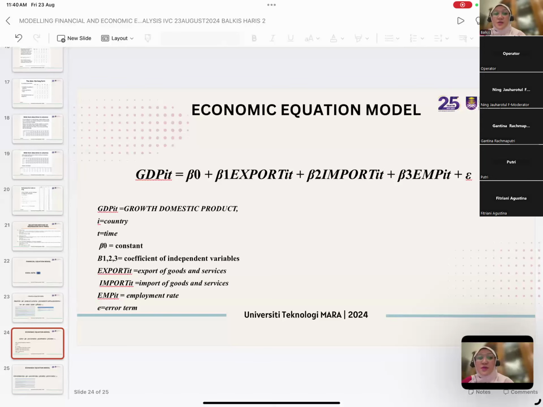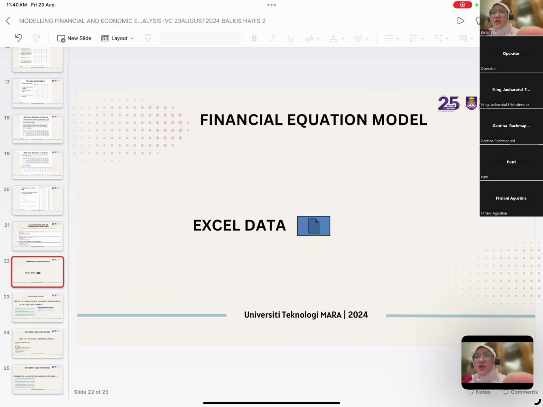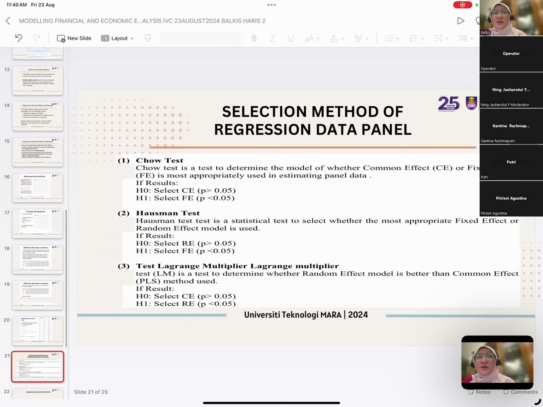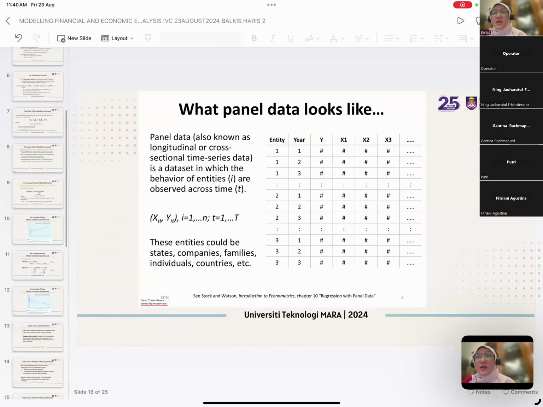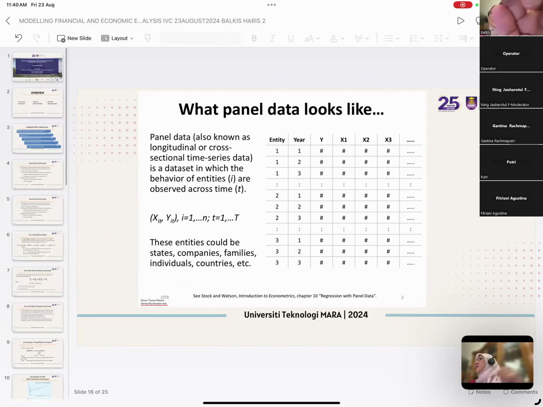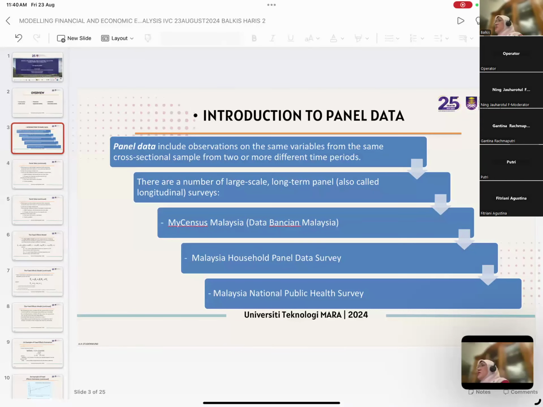Okay. So this is the economic equation. We have done the financial equation. We have done the selection method and the types of panel data. So I think you can ask questions now, before we have another 20 minutes. If you want to share anything with me, or you want to know more about financial data.